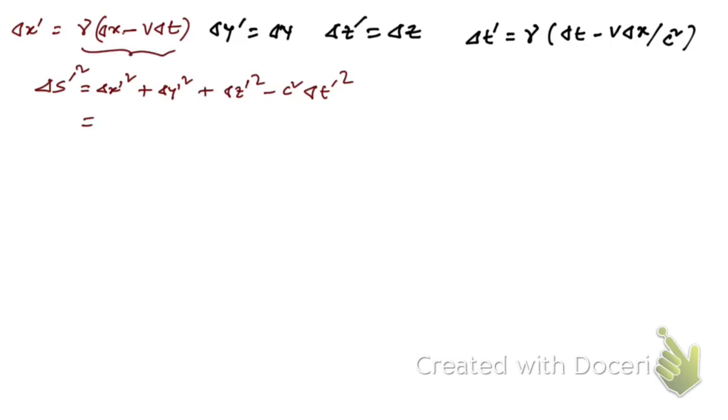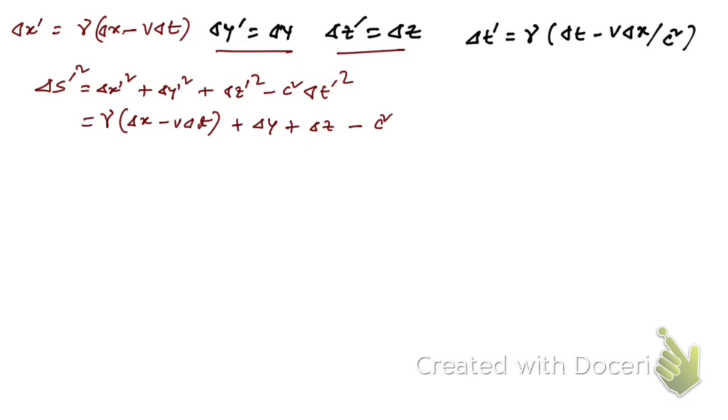Using the above transformations we get gamma del x minus v into del t, then del y dash remains del y, and del z dash remains del z, and minus c square, and del t dash is this, so we can write gamma square into del t minus v del x by c square, whole square.